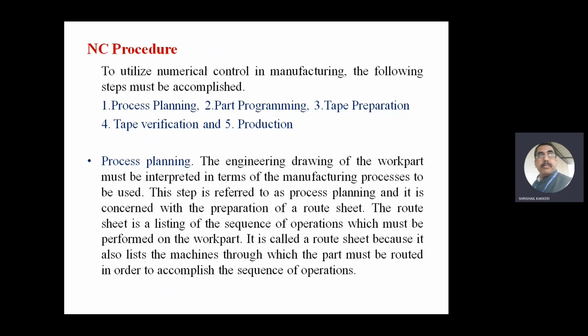Okay, so here the testing of the tape or verification of the tape is done simply by running the machine without putting the material, or by using low cost material, wood or some other thing which will not be costing you more. What is the intention of using the CNC machine? Please tell me. So very important thing. I want to get a particular component done in a CNC machine.